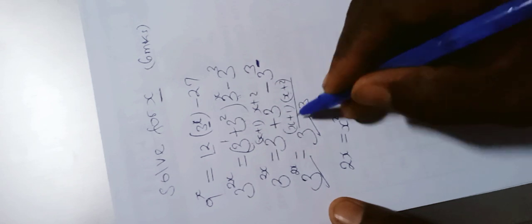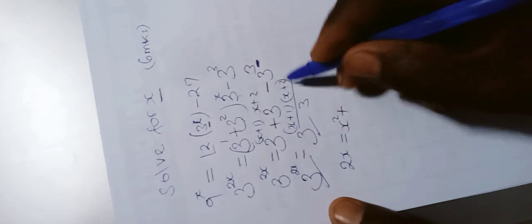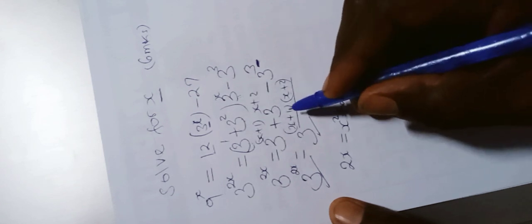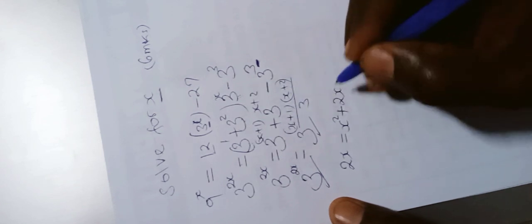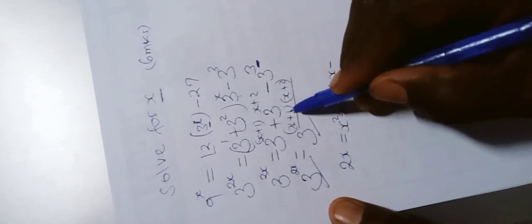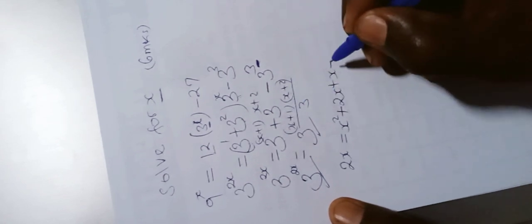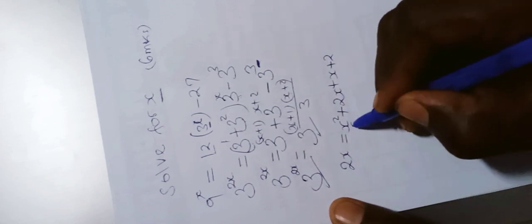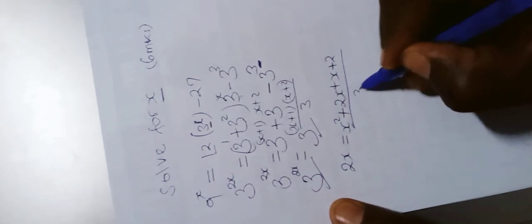Plus, we are going to multiply x plus 2 to get 2x, so that we also take 1 times this, we are going to have x. This times this, we are going to have 2 plus 2. But this one is divided by 3.